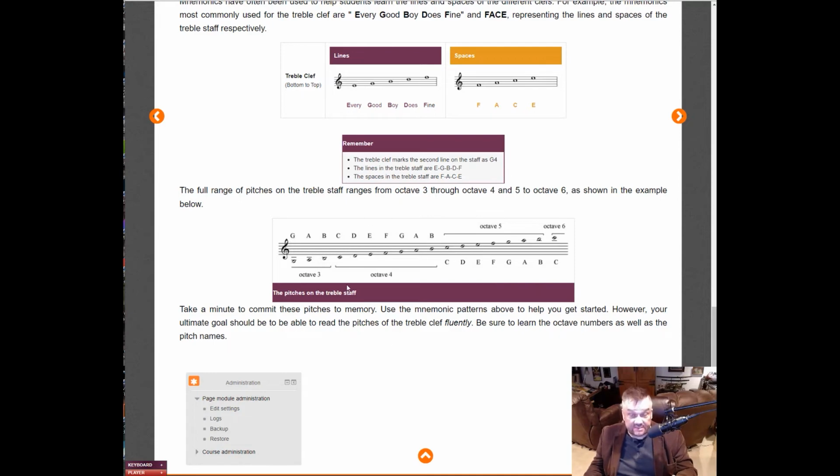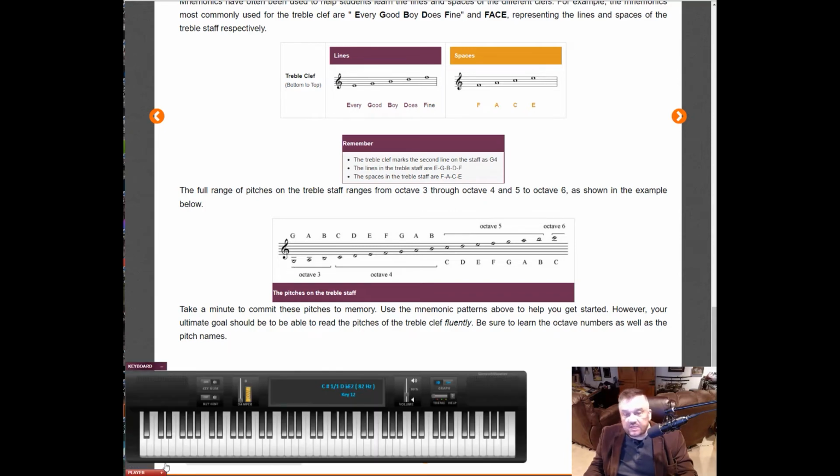Here is the big deal. The octave designation. Octave 3, octave 4, octave 5, and octave 6. This is what I want you to catch, okay? If we pull our keyboard up here, we're looking at octave 3, and we're looking at a G below the staff.